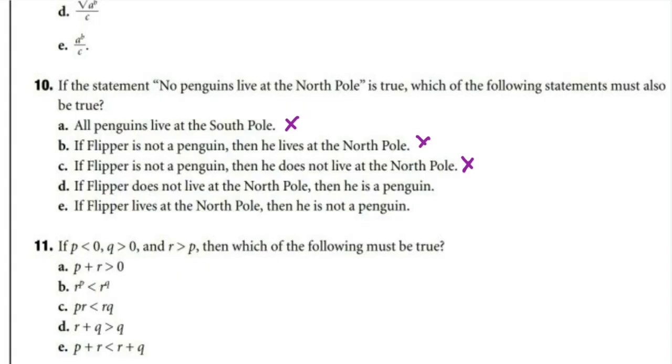So that means the answer here should be letter E. Letter E makes sense. If Flipper lives at the North Pole, then he is not a penguin. Because for letter D, if Flipper does not live at the North Pole, then he is a penguin. No, it's not true for all things. So it's not D. It should be letter E.